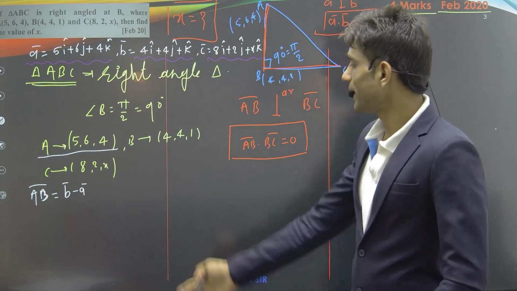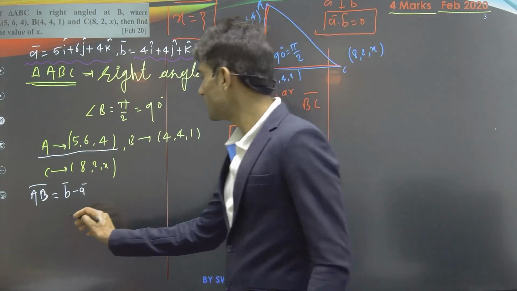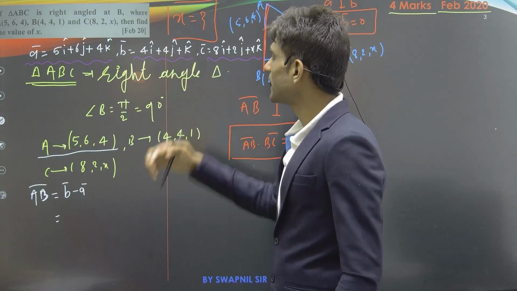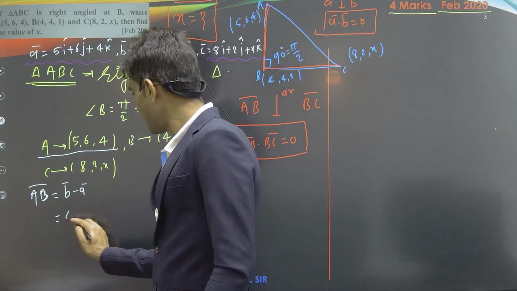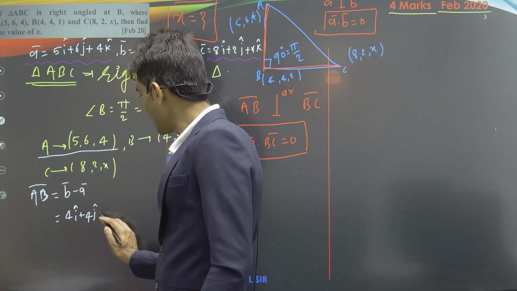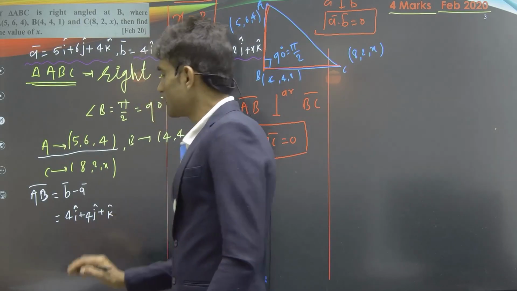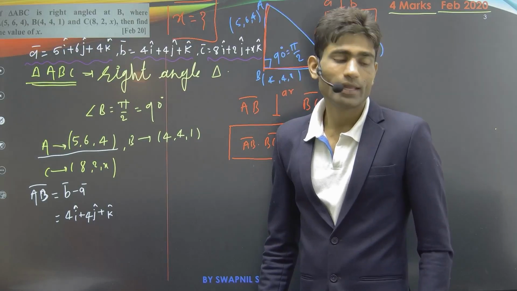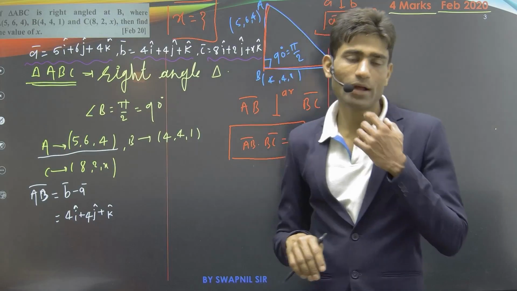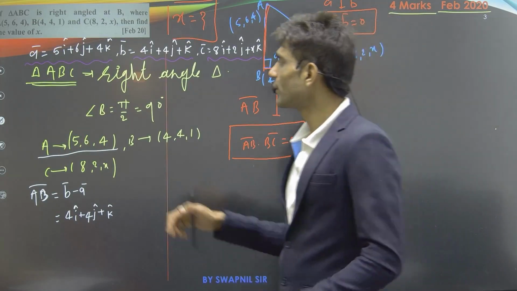Using these 3 position vectors, we go for finding the vector AB bar. Vector AB bar is B bar minus A bar. Substitute the value for B bar: 4 times I cap plus 4 times J cap plus K cap. Now we have to subtract A bar from this.